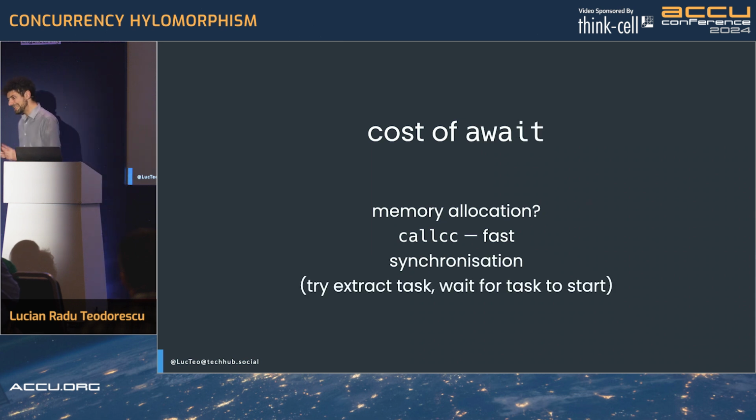The cost of an await is a little bit bigger. So that 20%, I don't have good measurements, but I suspect it comes from await. I do need to have a small memory allocation in here that can be optimized, but currently I do have that. I still need to have a callcc call in here. That's also fast.